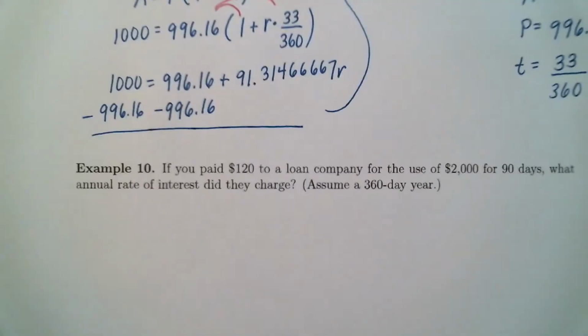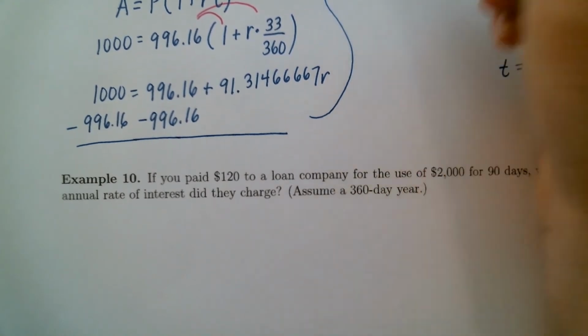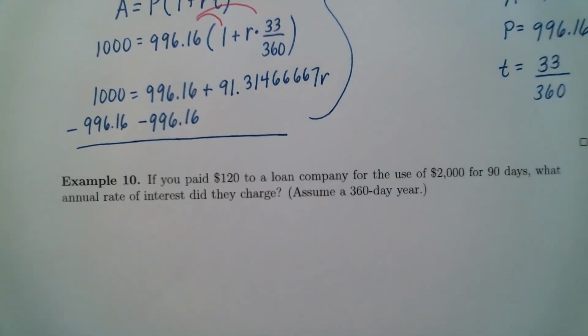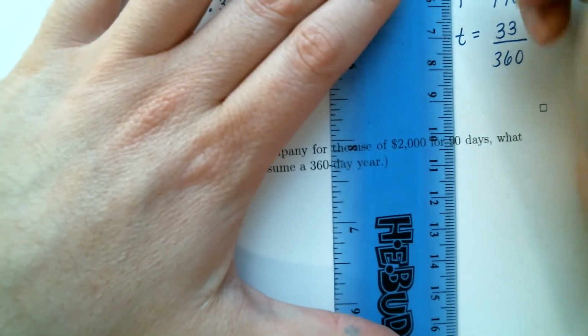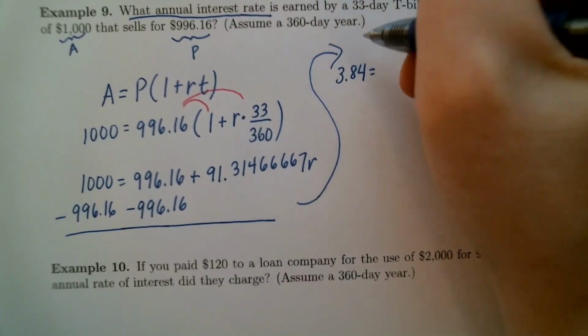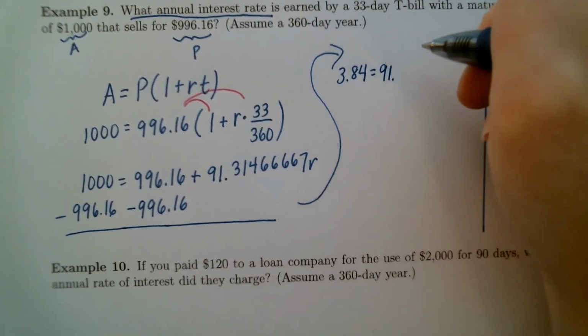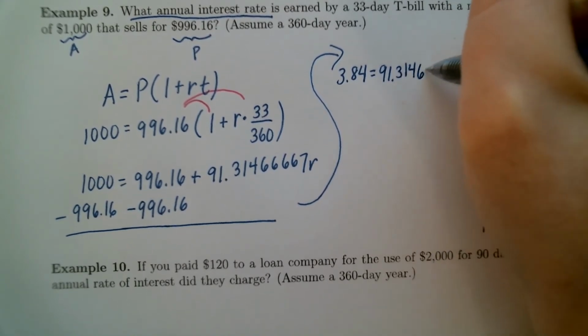That's going to give us $3.84, which is equal to this crazy number. Let me put up a boundary again, so I don't run into my variables. You could have used the fraction, but I'm showing you that if you do use the decimal, you need to carry everything with you. So here's this crazy decimal again.